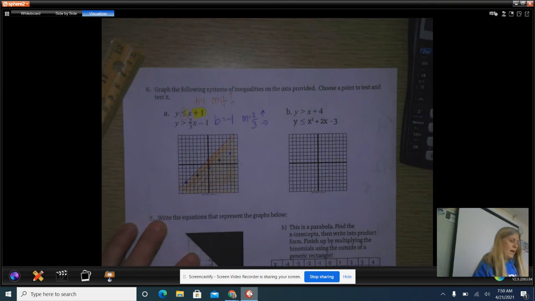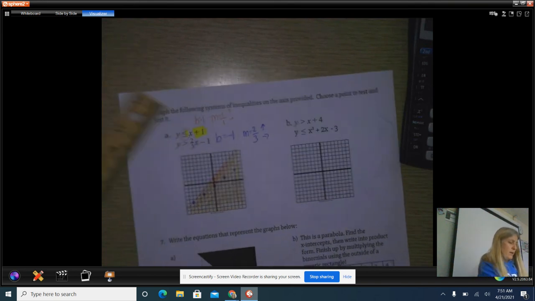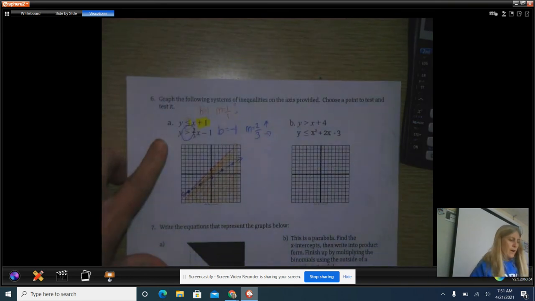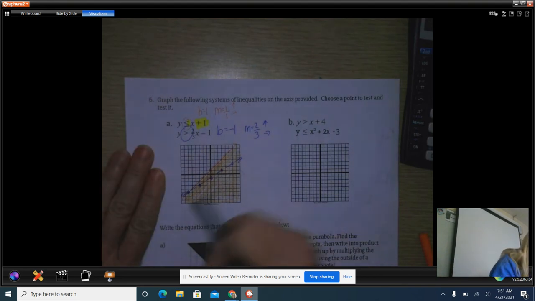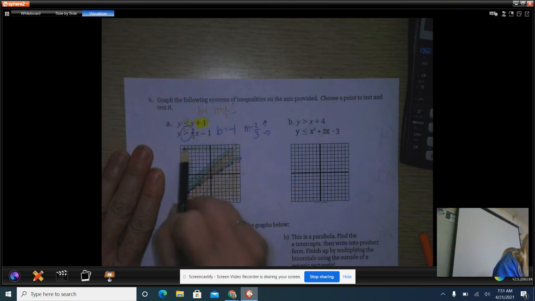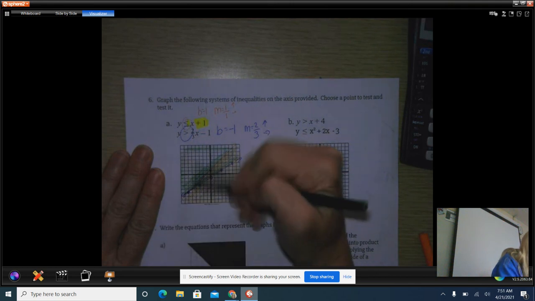Okay. We are going to look at our inequality. It is a dashed line. Arrows on both ends. And we are going to be shading above because it is a greater than. So 4 points for this one as well.